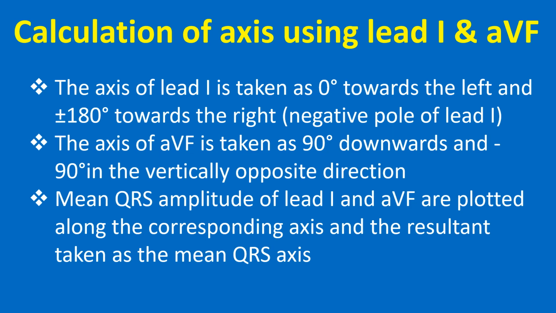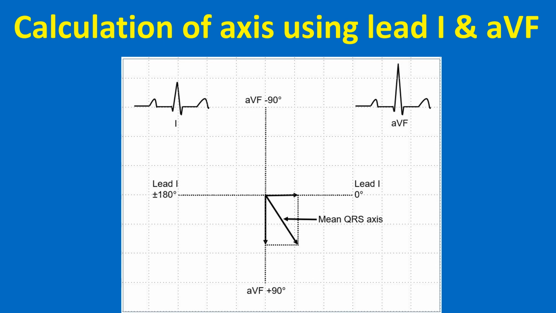The axis of lead 1 is taken as 0 towards the left and plus minus 180 degrees towards the right, that is negative pole of lead 1. The axis of AVF is taken as 90 degrees downwards and minus 90 degrees in the vertically opposite direction. Mean QRS amplitude of lead 1 and AVF are plotted along the corresponding axis and the resultant taken as the mean QRS axis. Illustration of determination of QRS axis using lead 1 and AVF.